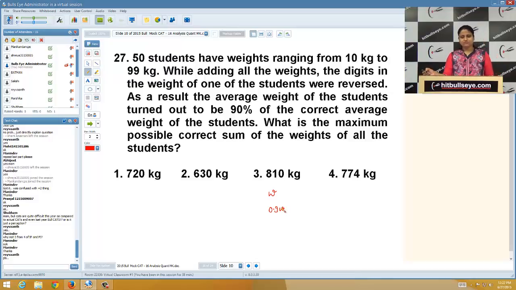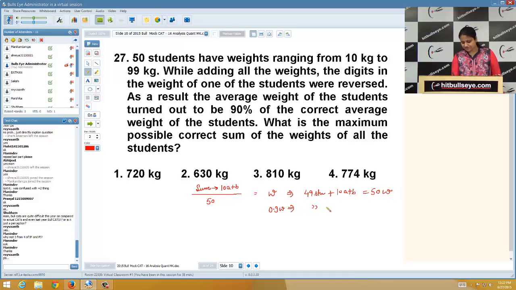So what is the average formula? Average is the sum of observations divided by the number of observations. If we apply this formula, there are 50 students, so it will be the sum of observations. Out of these 50 students, suppose the one student we are talking about in the question has weight 10A plus B. So it becomes 49 students' weight plus that particular student is equal to 50W.